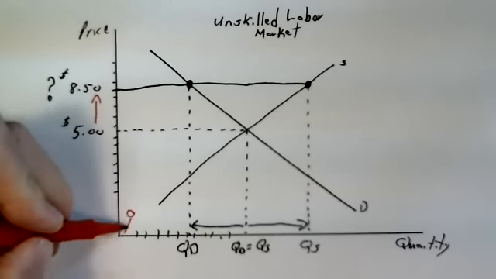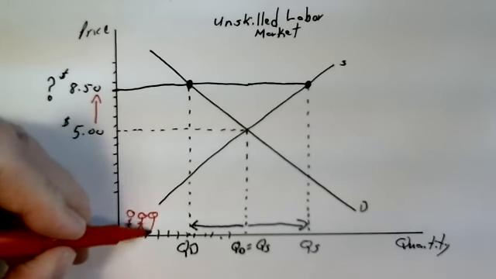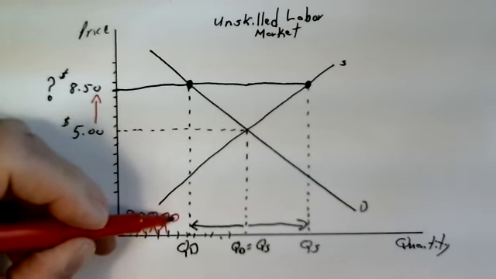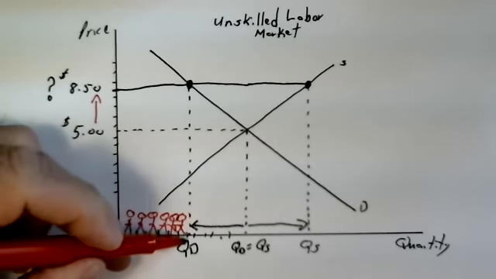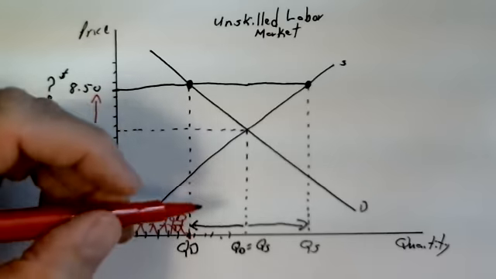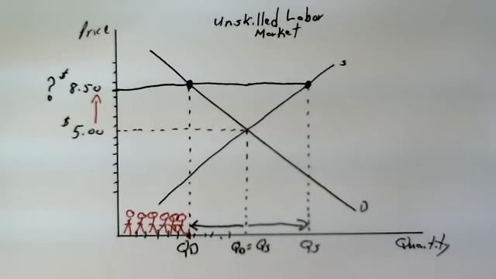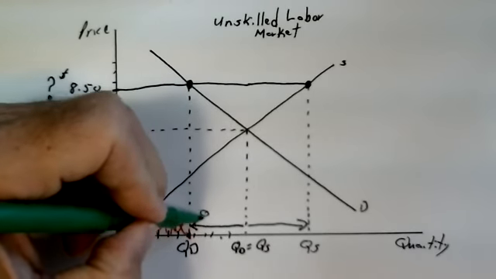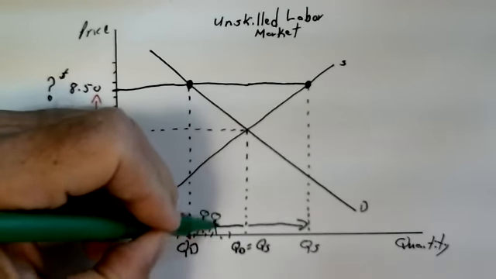Imagine these folks down here. All these people between the origin and out here to the quantity demanded of unskilled labor. For all of these people, it is true that the wage has gone up from $5 to $8.50. Now I want you to think about these folks right here. What is their story?